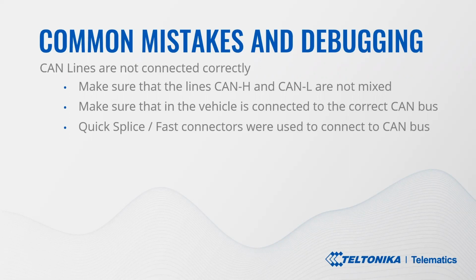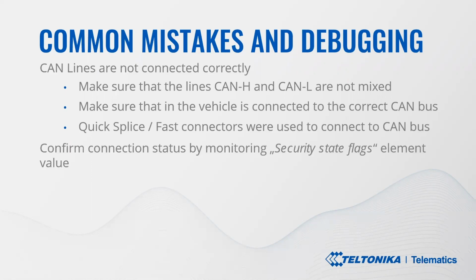Additionally, all of those scenarios can be checked, and if you want to confirm the validity of your connection, you can monitor the status that is sent in our records. We have a specific element, security flags, so you can confirm the connection by monitoring the value sent by it.